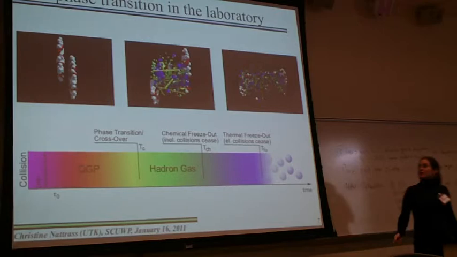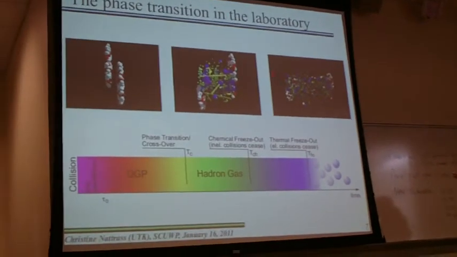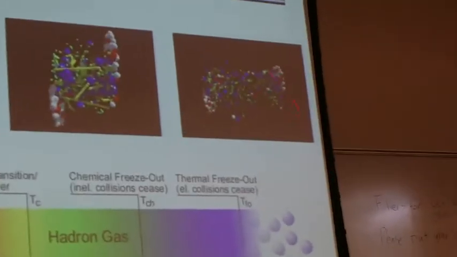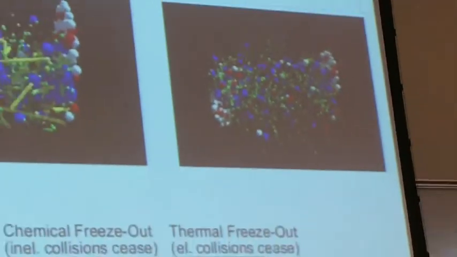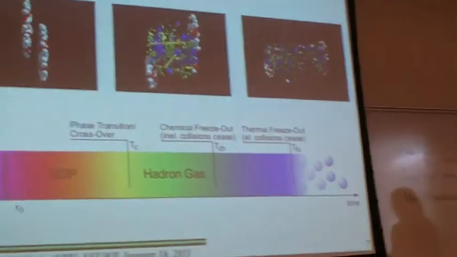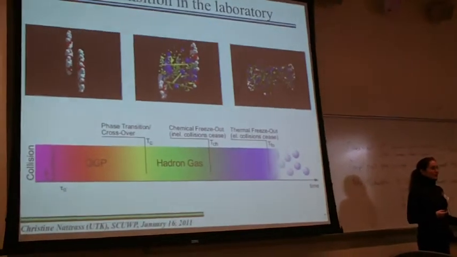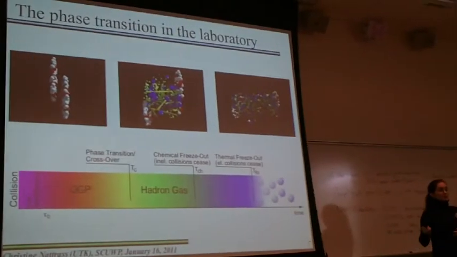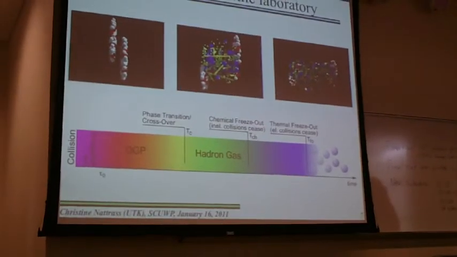These little shards of nuclear ice, which are hadrons, are actually what we observe in the detector. Now, it's a bad way to study water because we can actually melt water in the laboratory, but it's the only way that we have to study liquid nuclear matter.